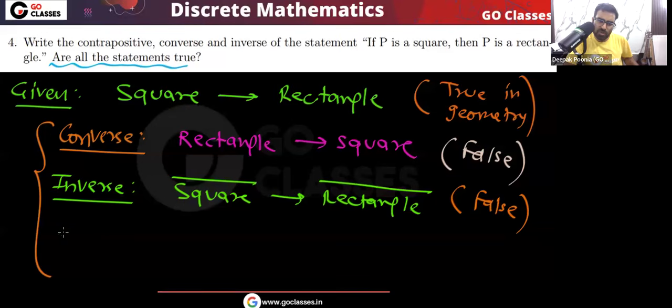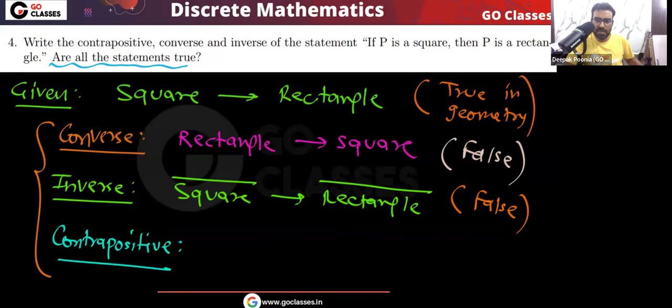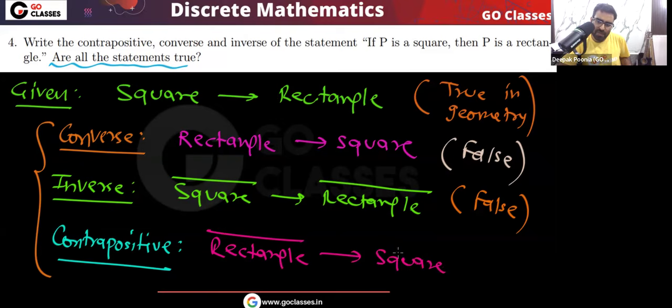Next, what about the contrapositive? The contrapositive will be if P is not rectangle, then it is not a square. So for square implies rectangle, the contrapositive will be not rectangle implies not square. Is this statement true in geometry?